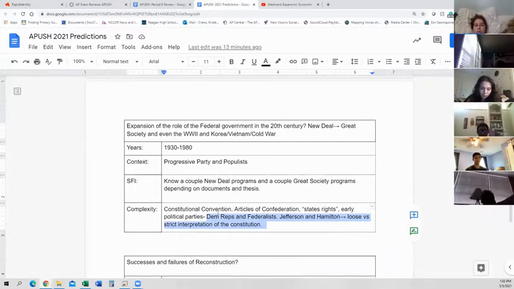And remember, the complexity all depends on your argument, right? So if you're arguing that the large federal government benefited American society in the 20th century because blah, blah, blah, in your complexity point, you would want to argue that Hamilton believed, like Johnson and his Great Society, that a strong central government was necessary to support the economy and the people, like his financial plan that brought us out of economic turmoil after the revolution.